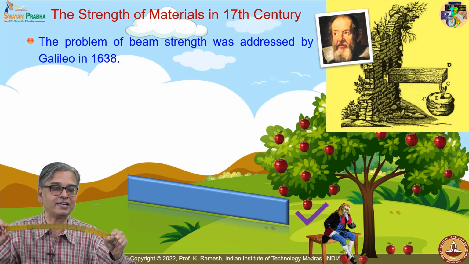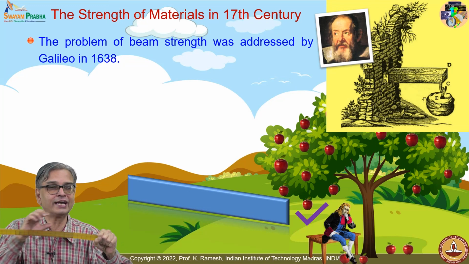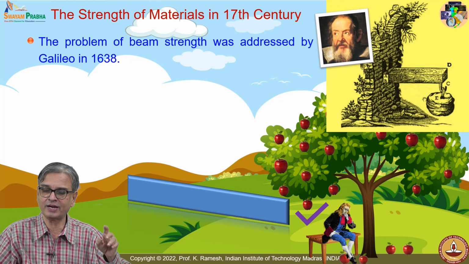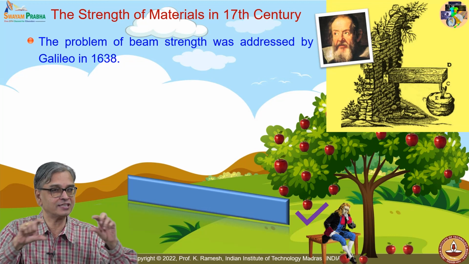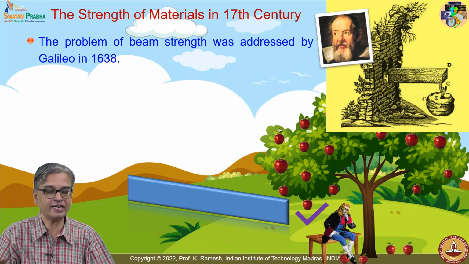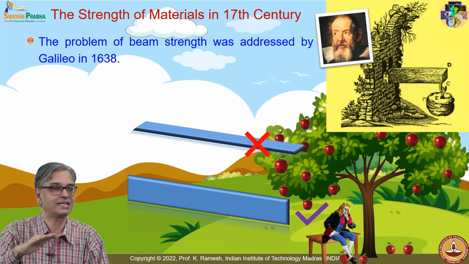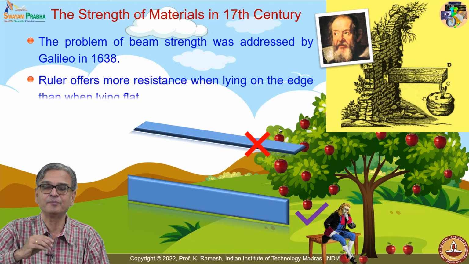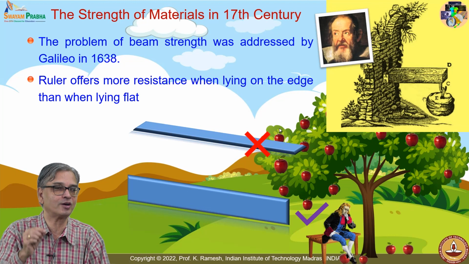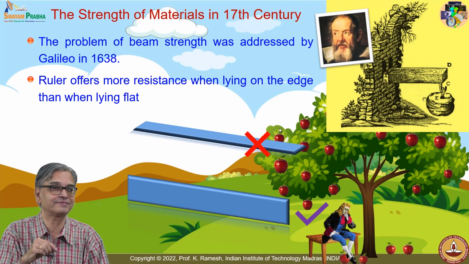You can verify it. I get a deflection. You can take your scale in the room and try holding it in this fashion and holding it horizontally. There is a stark difference between the moment of inertia that you have to calculate. He had got that intuitively.